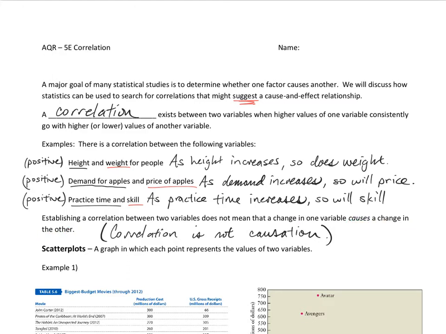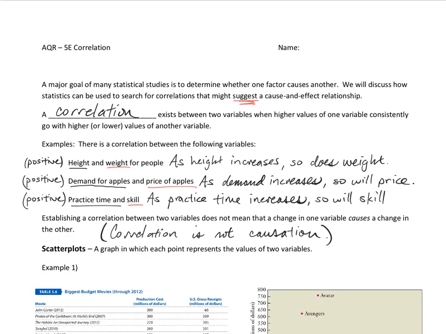You may have heard correlation is not causation before. It just means that there is a pattern. It doesn't necessarily mean that one causes the other, even though that's what people like to jump to. It only might suggest a cause and effect relationship.